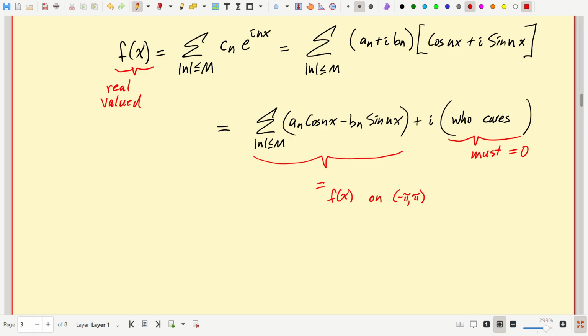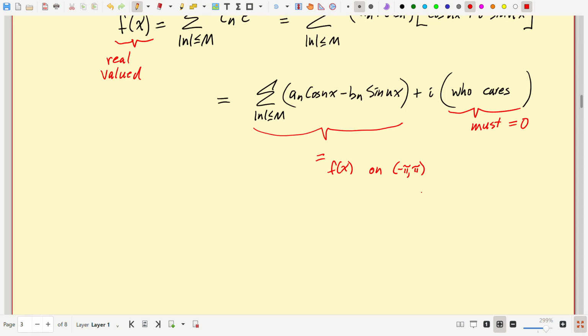But cosine and sine have a Taylor series that has an infinite radius of convergence. You know the ones at 0 by heart. Cosine x equals 1 minus x squared over 2 factorial plus x to the 4th over 4 factorial, minus dot dot dot.